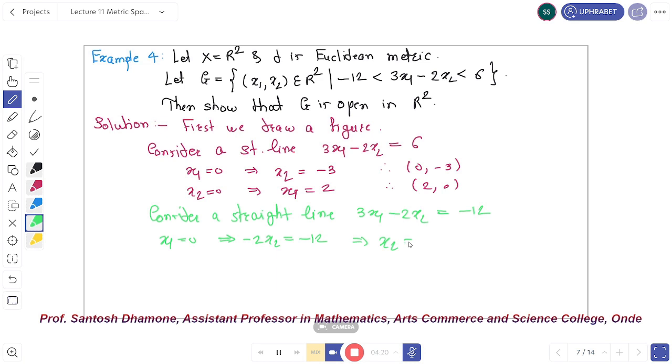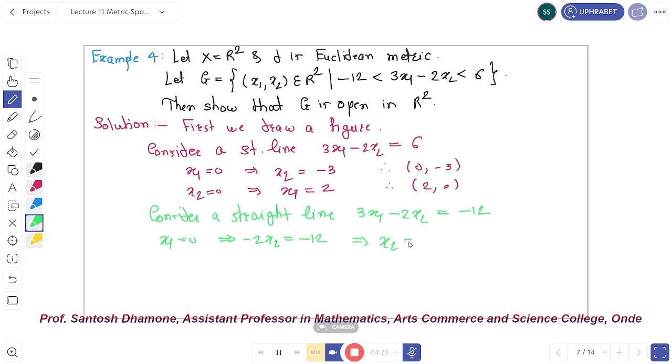This is the x2 axis. This is x1. The points minus 1, minus 2, minus 3, minus 4, minus 5.